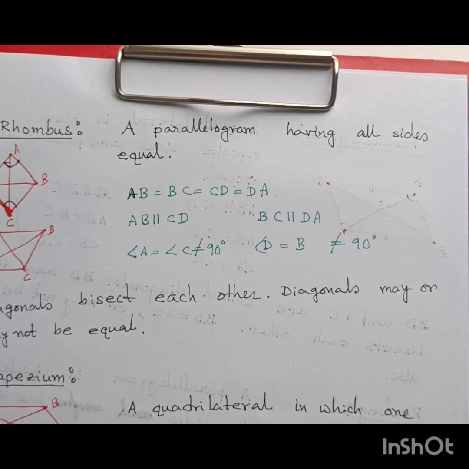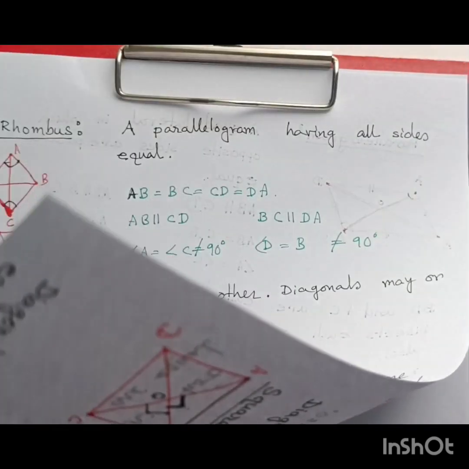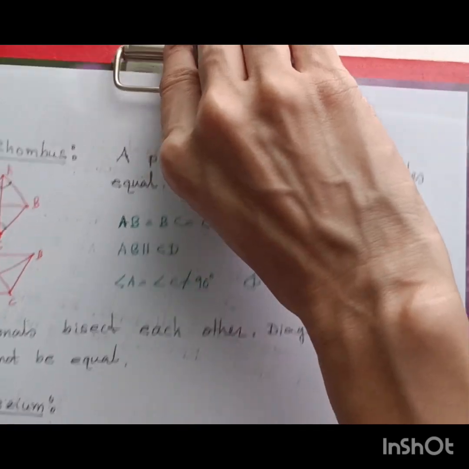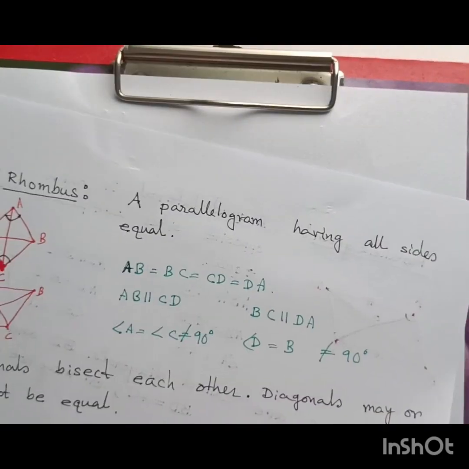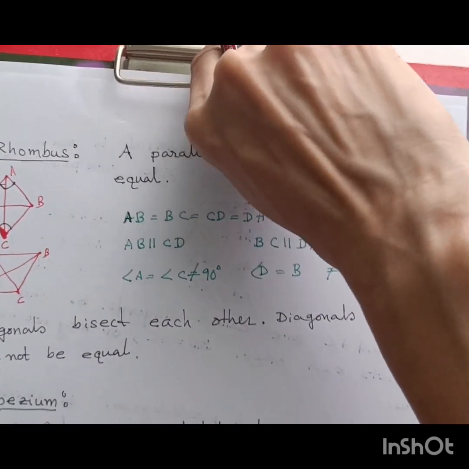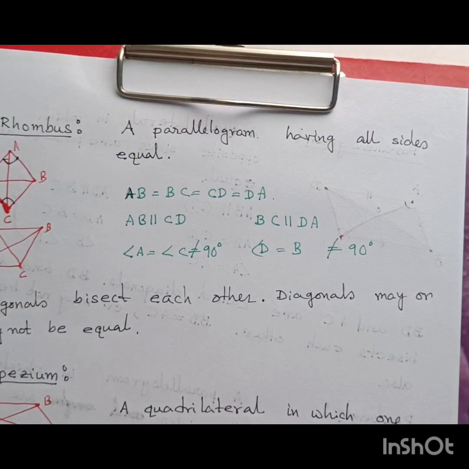So what we have shown is that in the case of parallelogram and rhombus, the diagonals may or may not be equal, but in the rest of the cases, in the case of rectangle and square, the diagonals are equal.